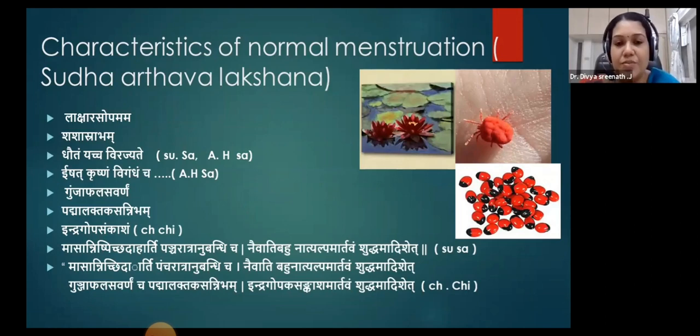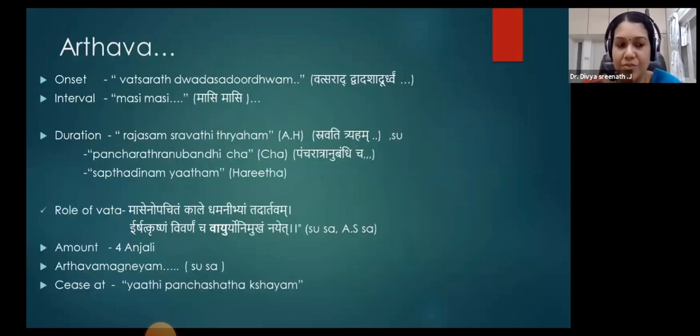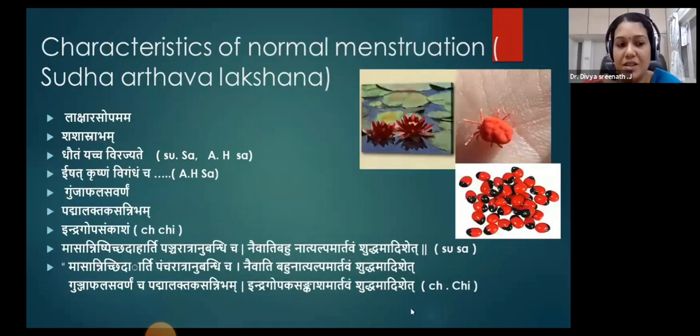If it is for 5 marks, you can start writing from what is Artava onwards: what is Artava, how it forms, onset, duration, the role of Vata. There is a main sloka you have to write, which explains the Shuddha Artava Lakshana, in Charaka Chikitsa: Masa nishpishchadaharti pancharatranubandi cha, nativahu natyalpam artavam shuddham adishet.